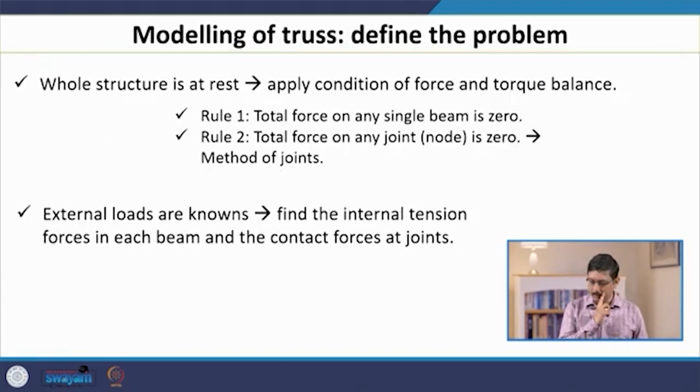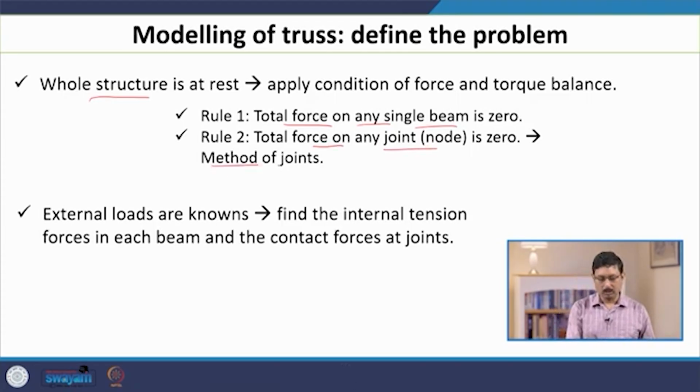So, just quickly let me recall how we define this problem. We will assume that there is some structure like a bridge and the whole structure is at rest, so that we can apply the conditions of force and torque balance, and there are two rules that you need to remember: that the total force on any single beam is 0 and the total force on any joint or support or node is 0.